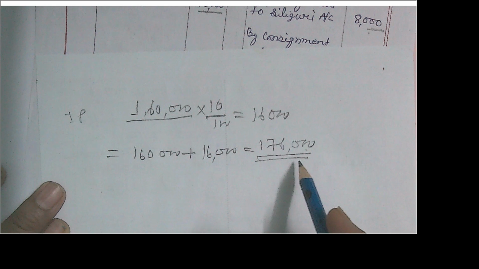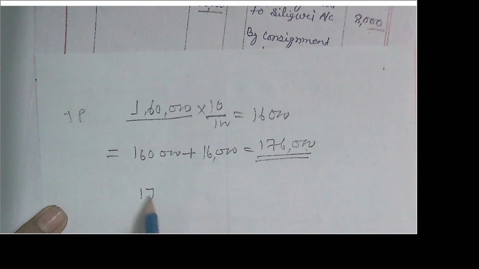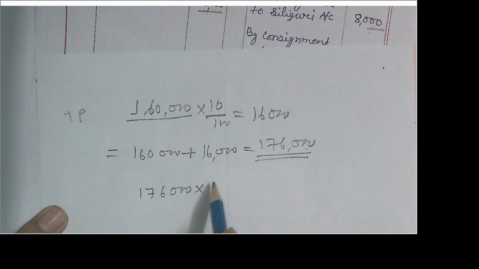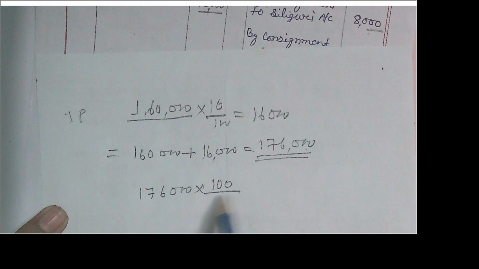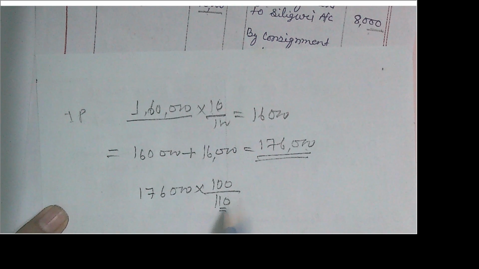Now if you want to know the amount of profit added, you have to calculate in this manner: 1,76,000, 100 divided by 110, because 10% profit is added. Then you will get 16,000.